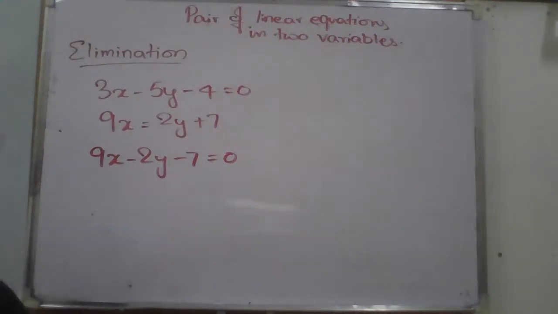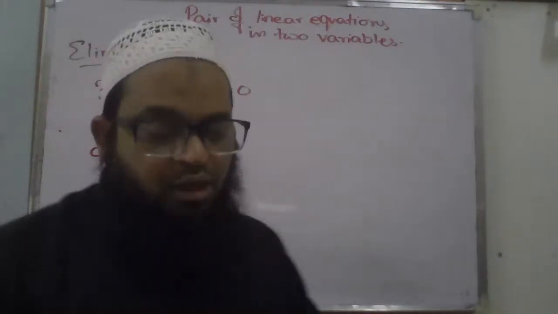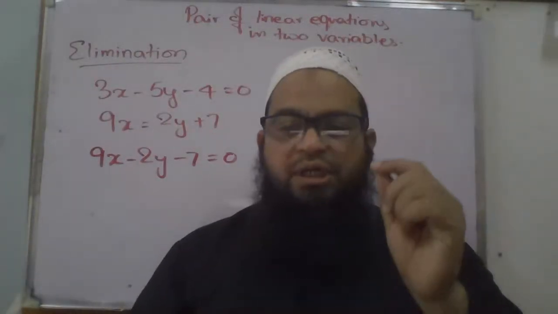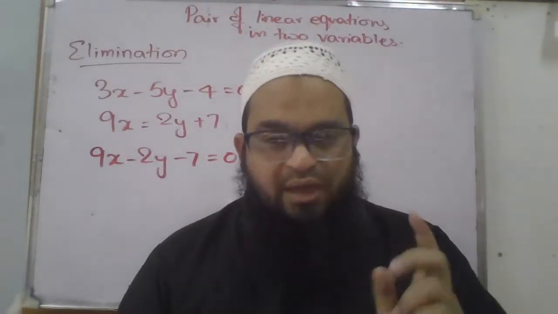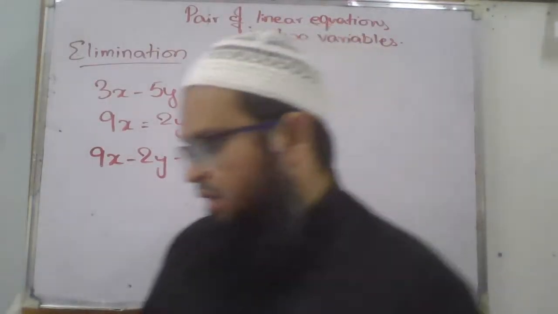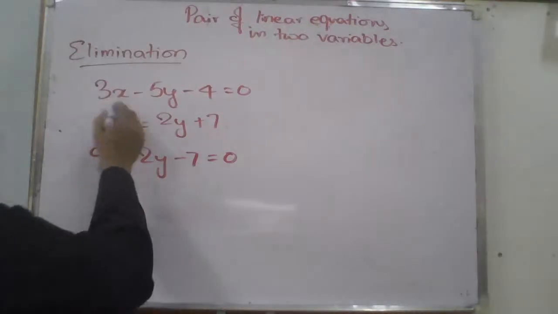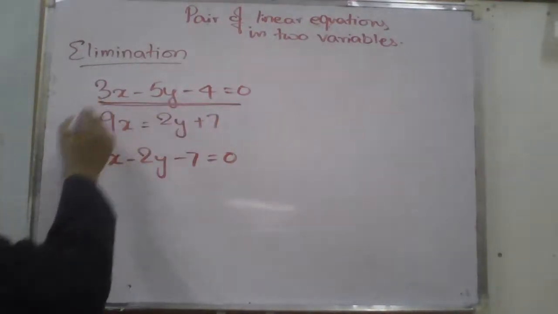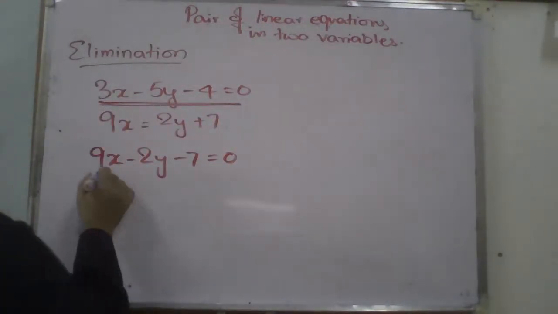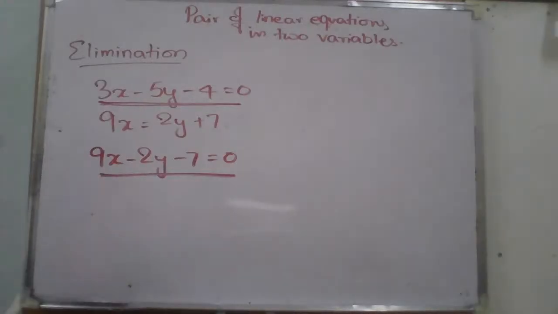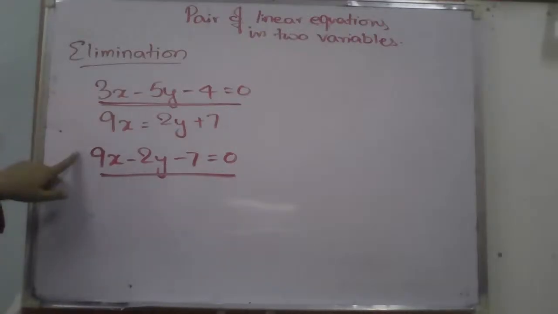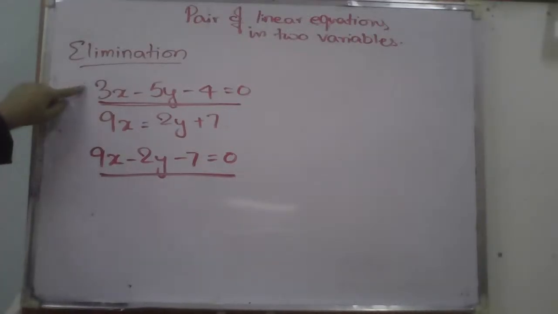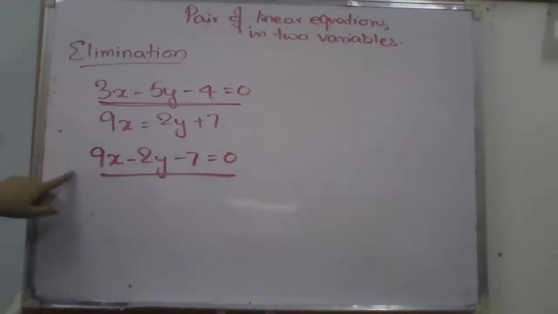In the elimination method, you have to check whether the coefficients of x or y are equal or not. If they are not equal, try to make them equal. For example, the first equation is 3x minus 5y minus 4 is equal to 0, and the second one is 9x minus 2y minus 7 is equal to 0. Check the coefficients of x. One is 3 and another one is 9. So can we change 3 to 9? Yes, we can.